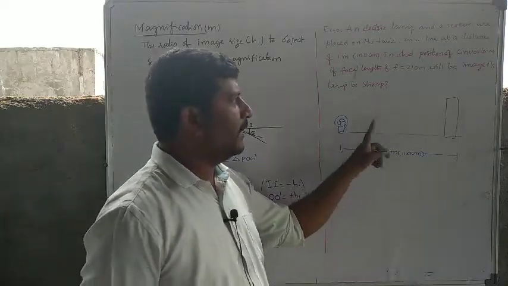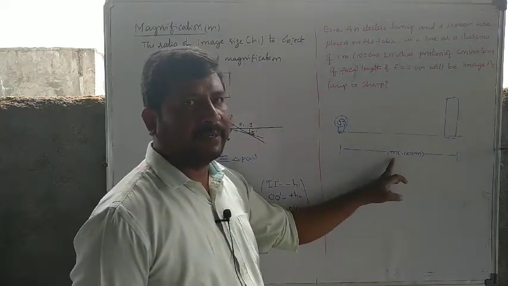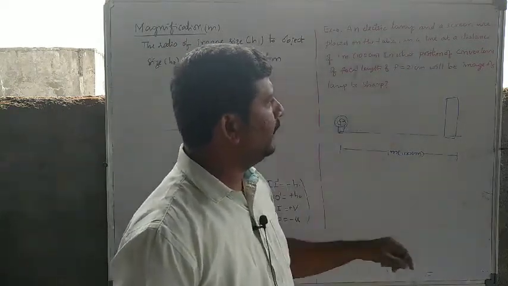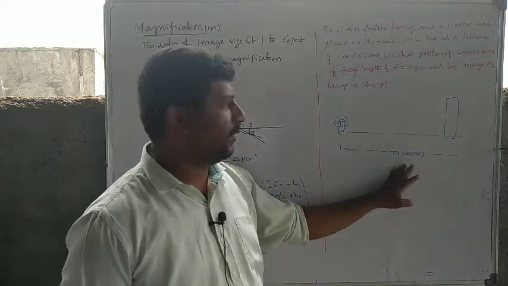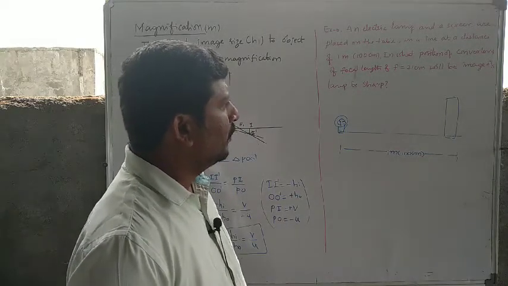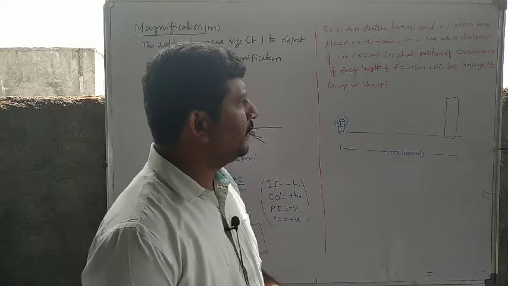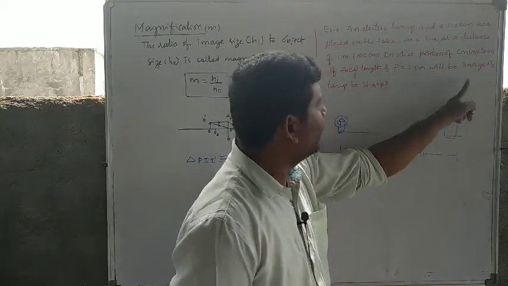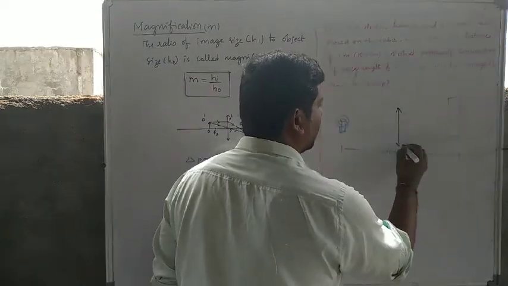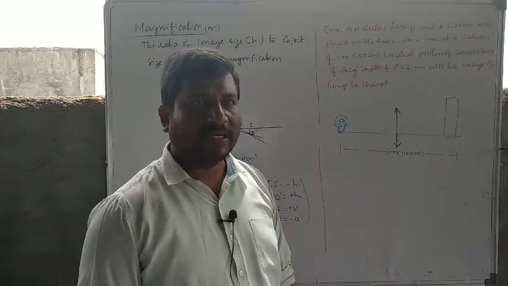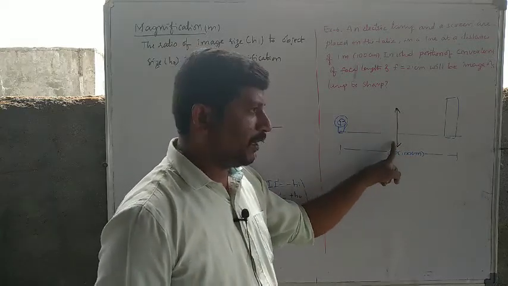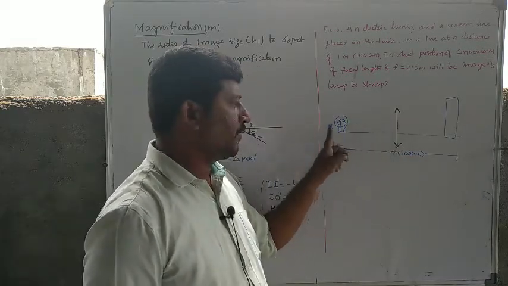In what position must a convex lens of focal length f equals 21 centimeters be placed so that the image of the lamp is sharp on the screen? That means, at what position from the bulb do we have to place the convex lens?